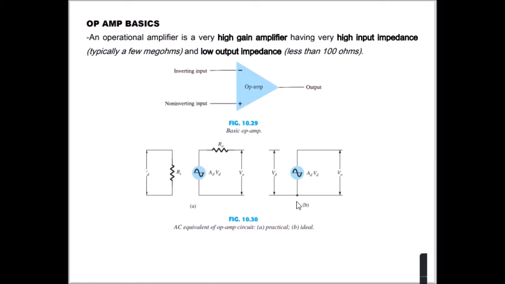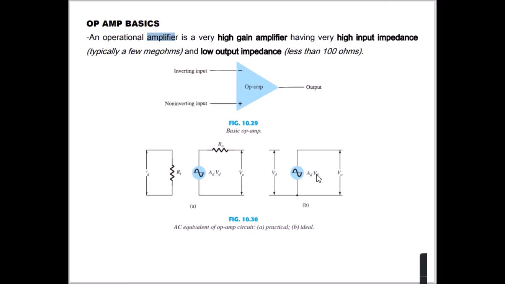So let's take a look first dito sa B. Etong B, ito yung AC equivalent niya if op-amp is viewed as ideal. Alright? Kasi nga op-amp, it's an amplifier. Tama po ba? Basically, yung input niya, maa-amplify siya. Alright? So, kaya sa ideal AC equivalent niya, parang may ganito siya.